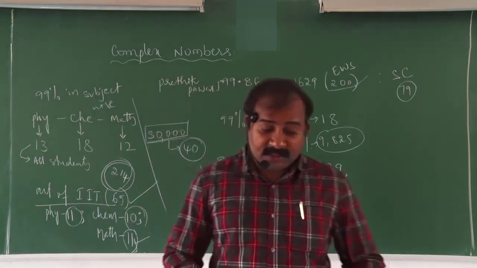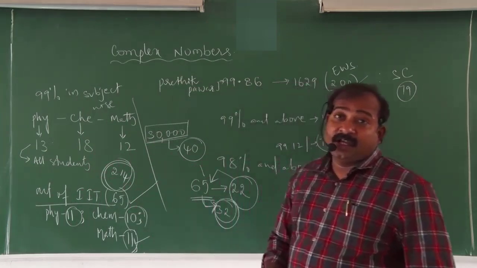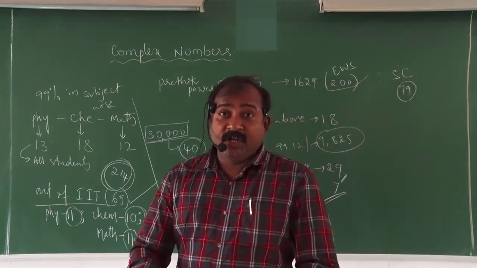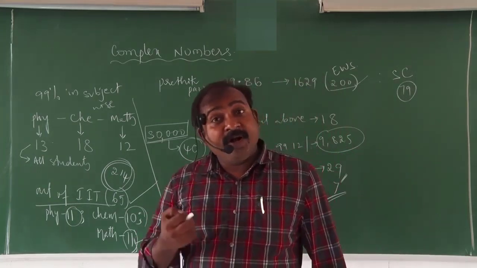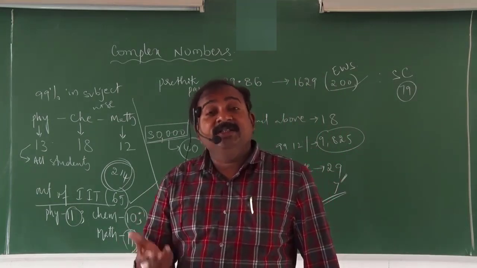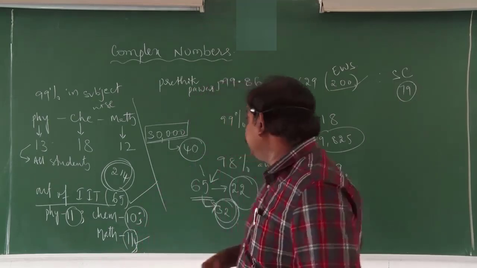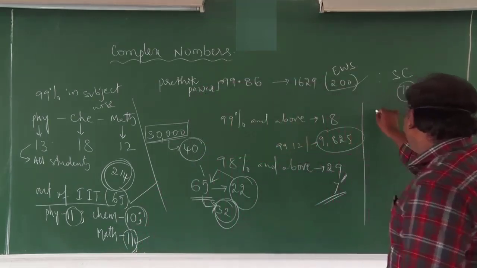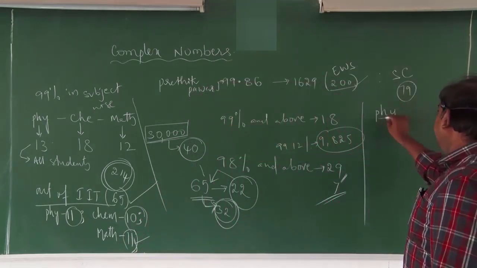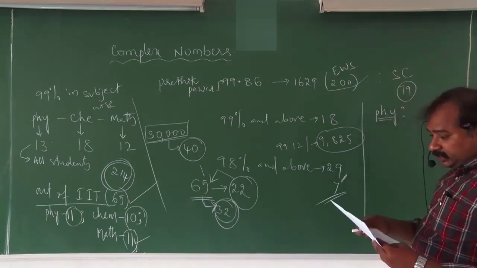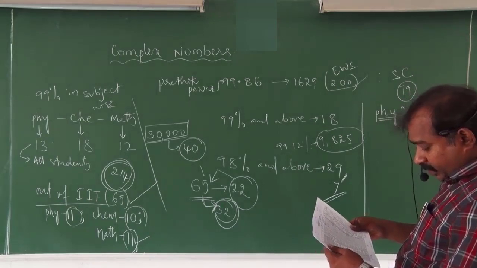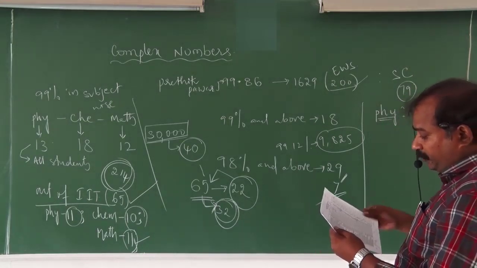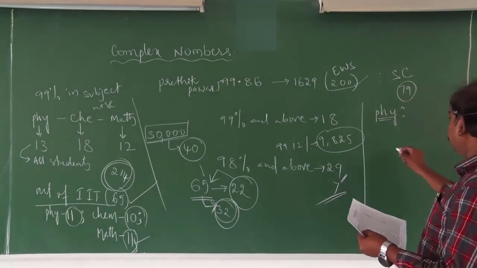One more analysis is how many of the students got 99.9 percentile subject wise. Now if you observe in physics, in 99 and above, two students are there.